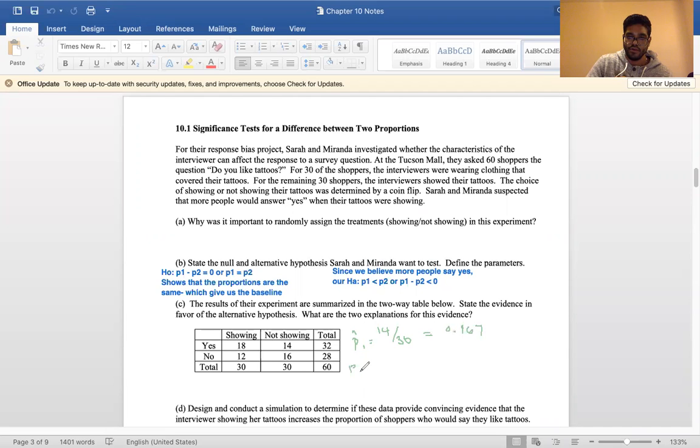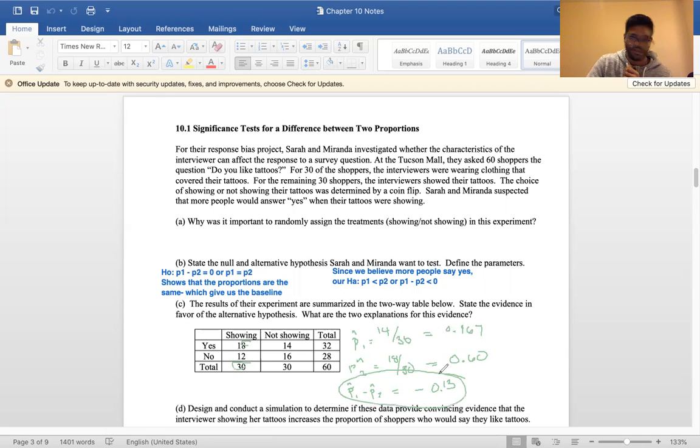P hat 2 equals 18 out of 30, again from the table, and that's 0.60. Once you subtract the two, P hat 1 minus P hat 2, you get negative 0.13.